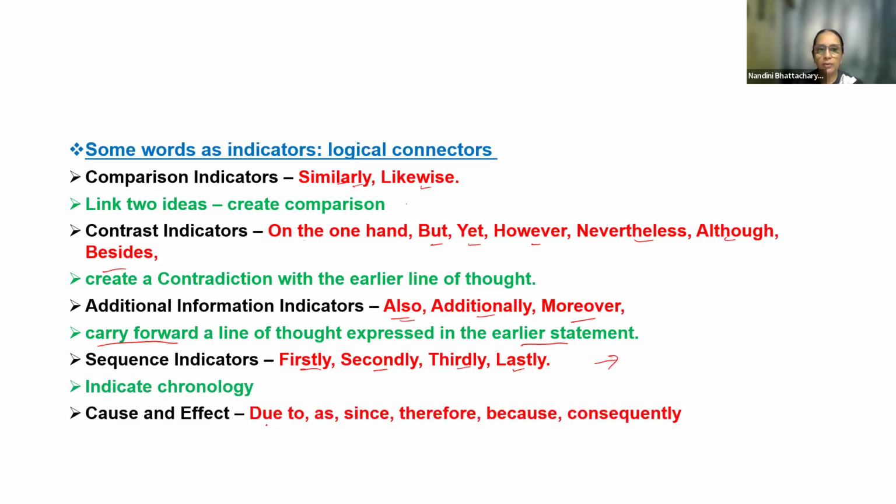Or if you have, say, due to, as, since, therefore, because, consequently, what does this mean? Something happened before that, and as a result, we are talking about this particular point. So you have to figure out what happened before that. So what are we doing? We are linking the reason of thought.